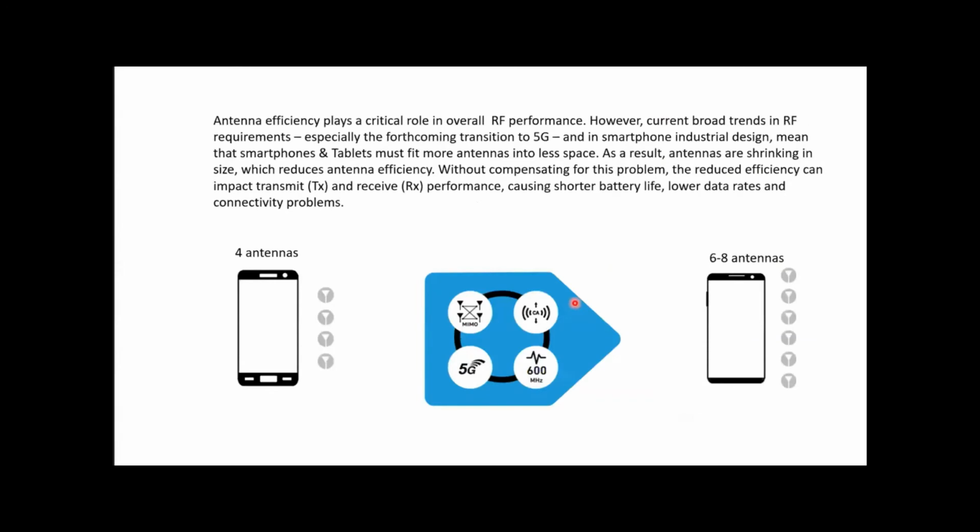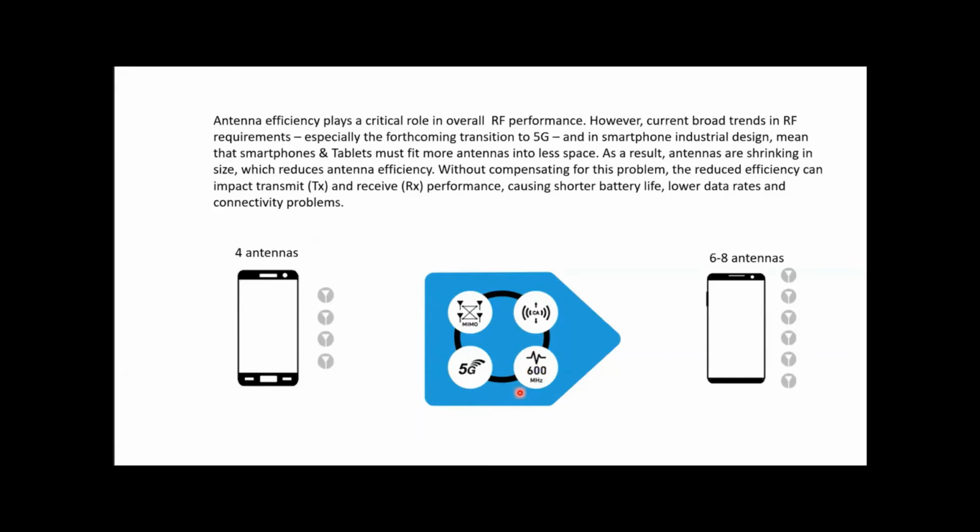And then let me add on again. This was the world of the 3G, 4G era, where we only had 4 antennas to worry about. So we're now moving to 5G, or we are in the process of moving to 5G. We have more frequency bands, we have lower frequencies. In the US, we are doing 600 megahertz antennas, which is very difficult to achieve on something like a smartphone or a tablet.